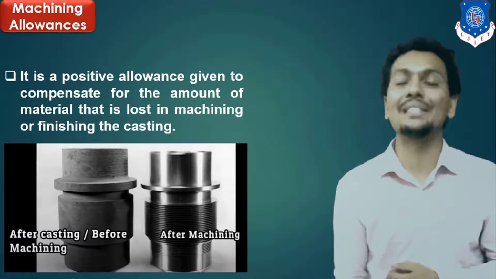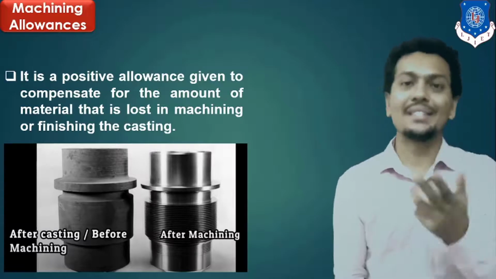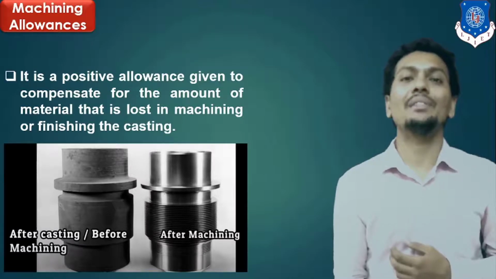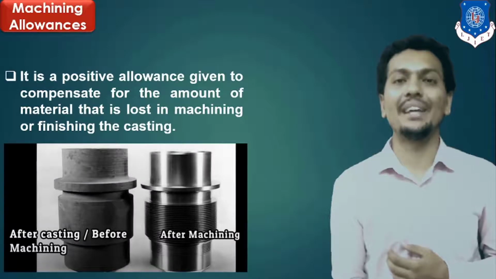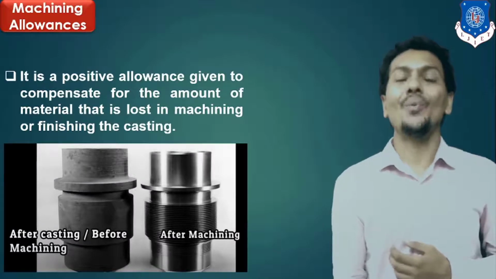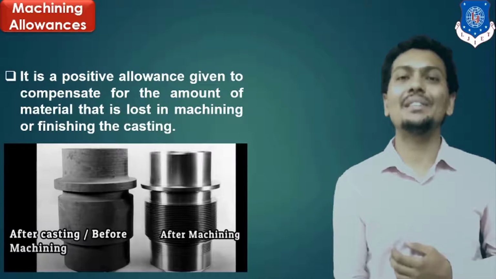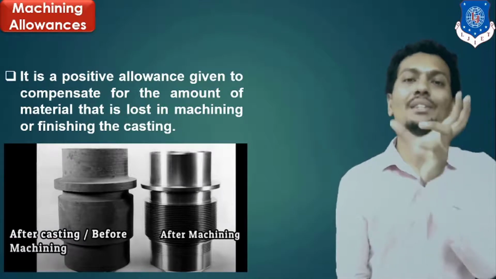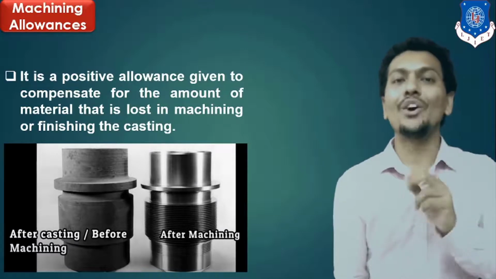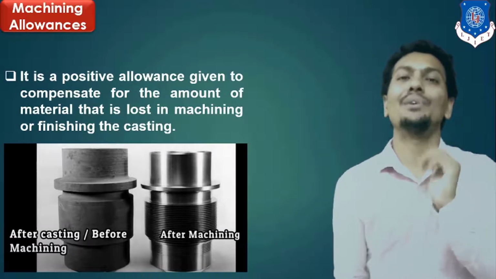This is not desirable. Let us discuss the second allowance mentioned here, and this is machining allowance. What is the concept of machining allowance? After making any product, the surface finish will not be exactly as per your application.